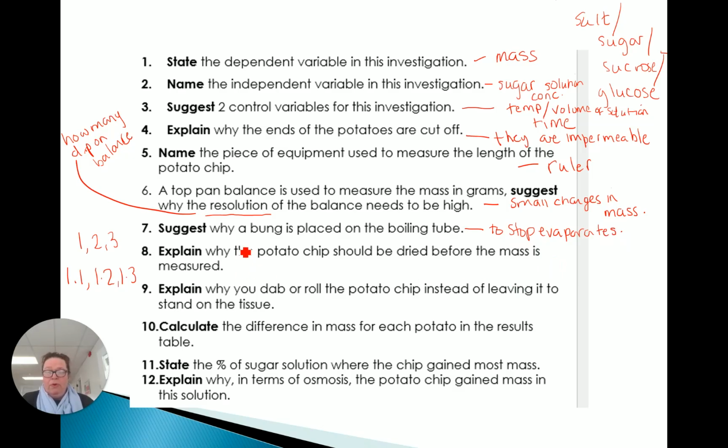Well, I'm hoping you're going to say remove excess water, because that excess water actually weighs something. So it would not be great for our results. Explain why you dab or roll the potato chip instead of leaving it to stand on the tissue. That's so we remove water from every surface.